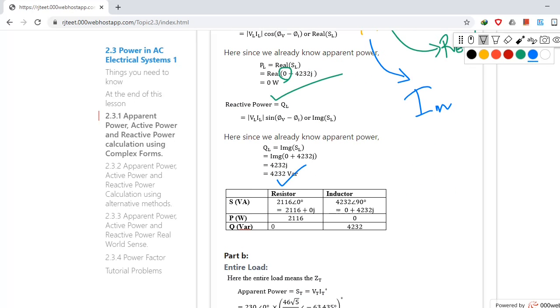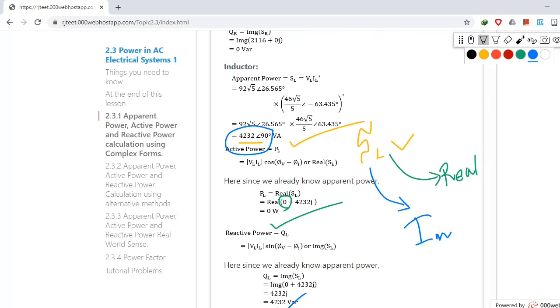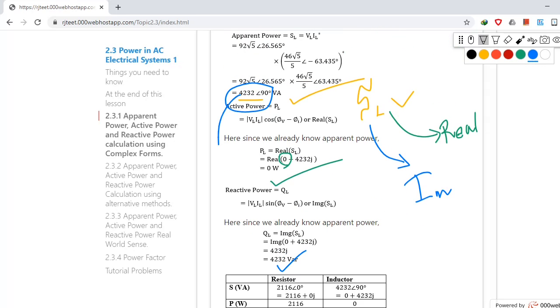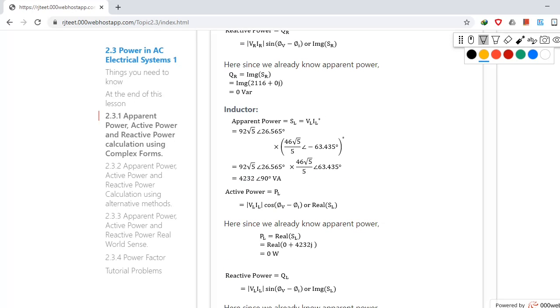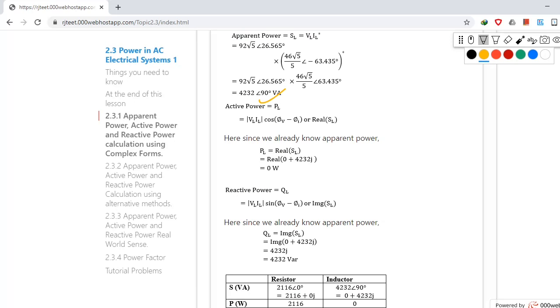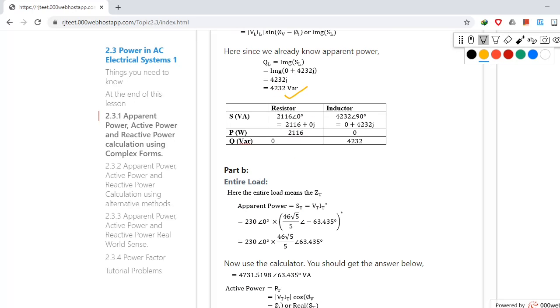So it's going to be 4,232 watt. These two are the same. The reactive power is equal to the apparent power. So we have calculated the apparent power, active power, and reactive power.